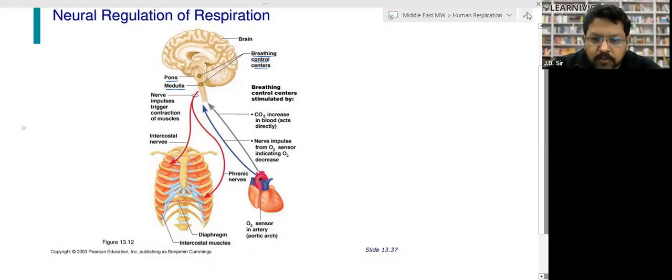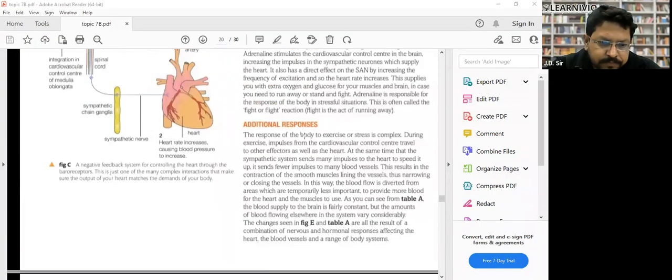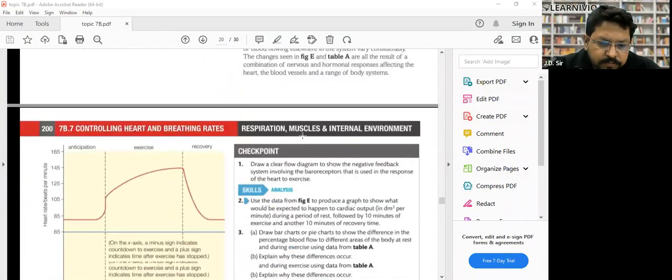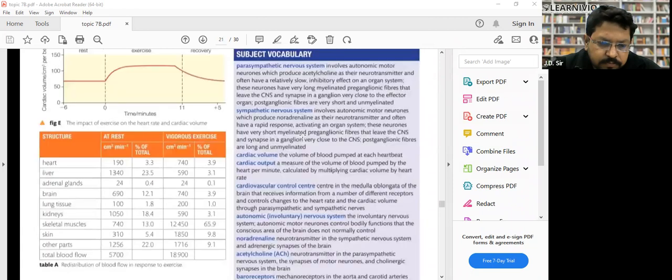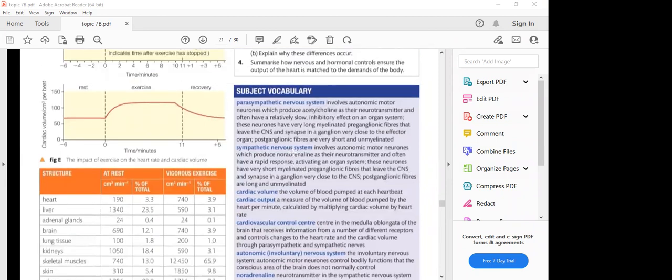Now come back to our textbook. So do you think I will be asked to draw this heart rate graph?